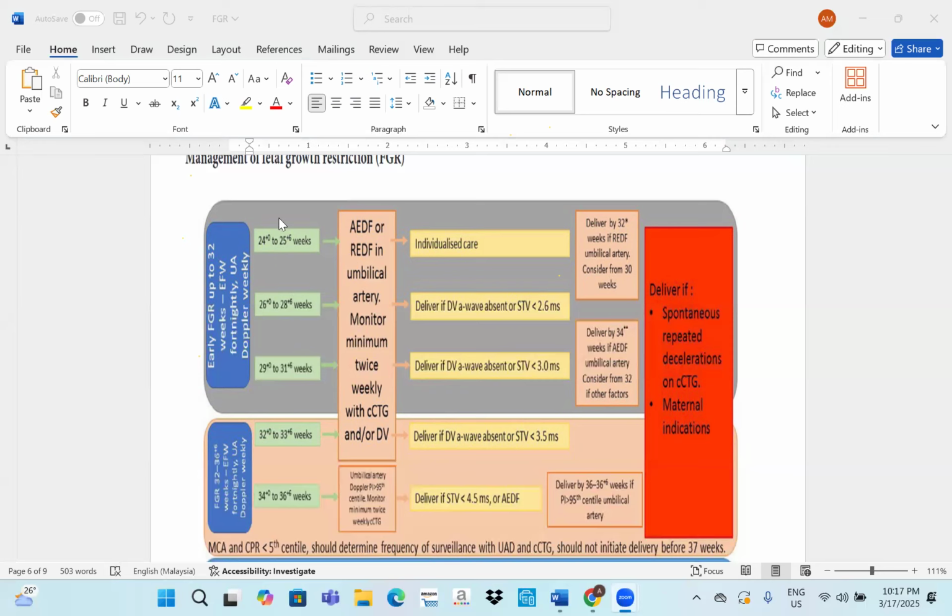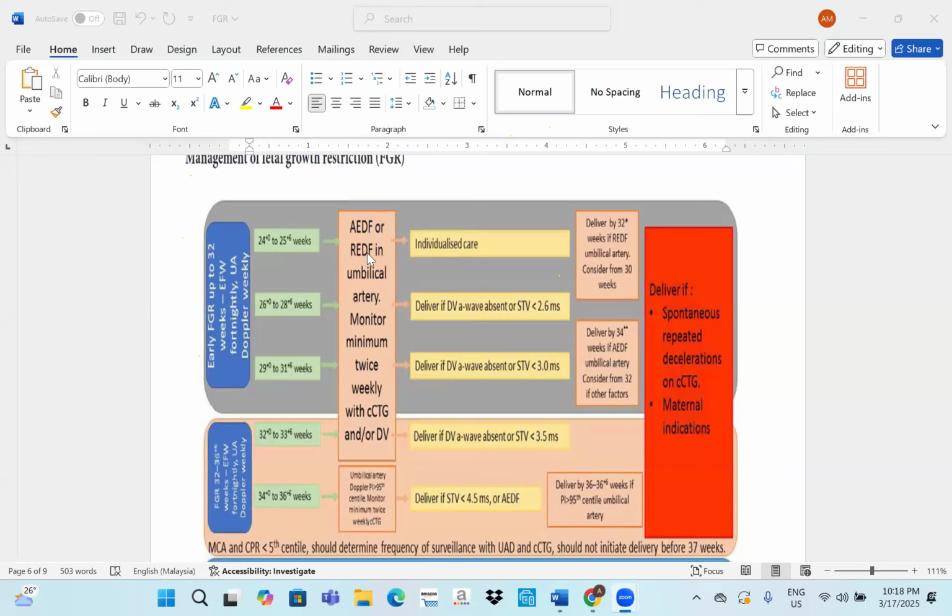If you were monitoring this patient, at any point, if the umbilical artery Doppler shows the absent or reverse end diastolic flow, for these patients here is the individualized care, because the gestational age is not very good. So you will decide whether you want to deliver this patient or you don't want to deliver this patient. Okay. Now this point is very important.